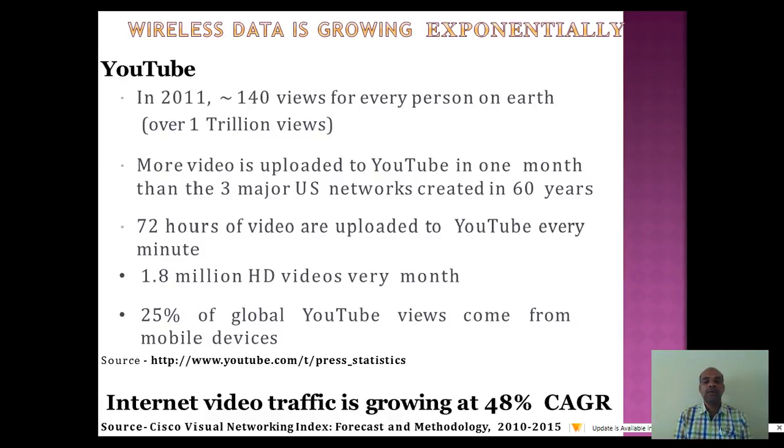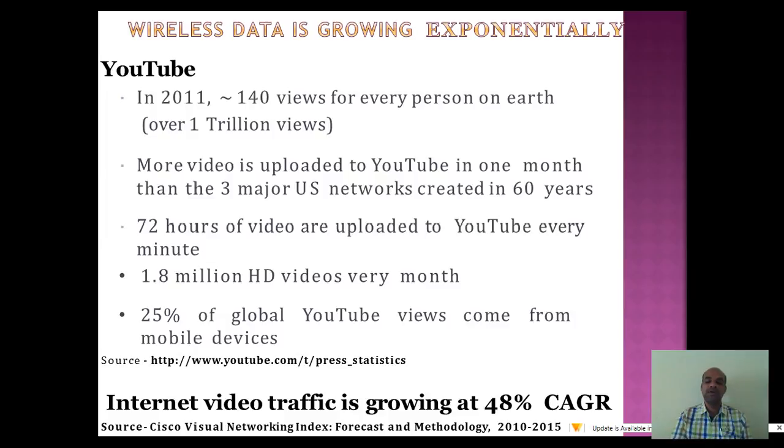And the network created by the United States of America in 60 years, that complete network is occupied by YouTube video within a single month. For every minute, 72 hours of video is uploaded, and every month 1.8 billion HD videos, with 25% of global YouTube views coming from mobile devices.